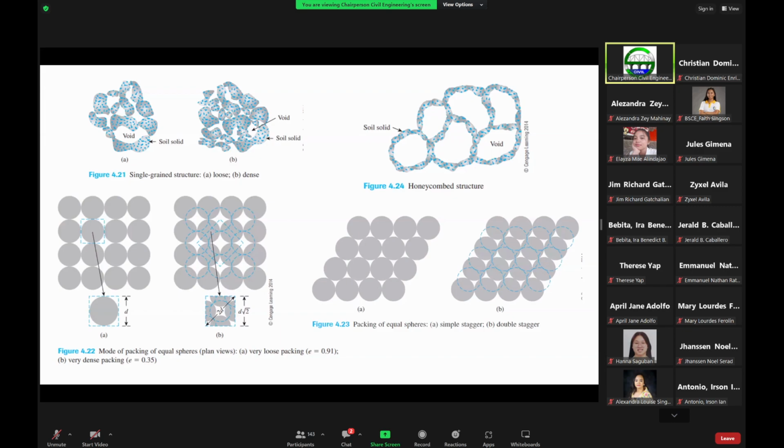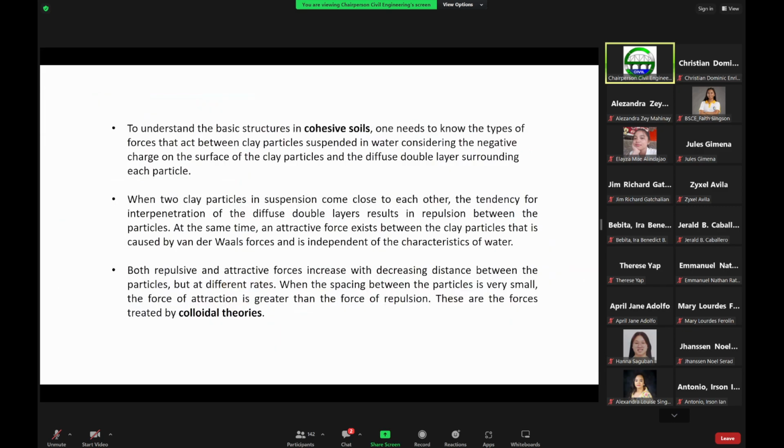So now let's go to the cohesive soils. Earlier we just discussed the cohesionless soils, now we have the cohesive soils. The reason we differentiate between cohesionless soils and cohesive soils is that later, when we go to the shear strength of the soil materials, the shear strength would depend on whether we are talking about cohesionless or cohesive soils.